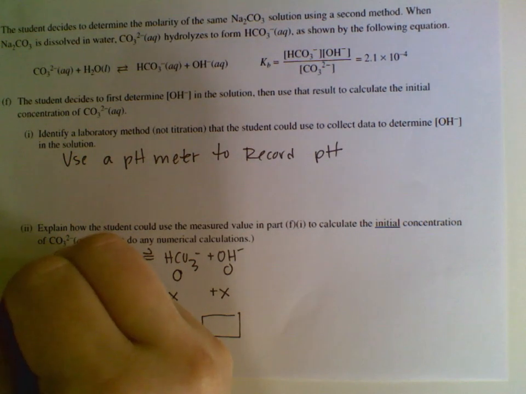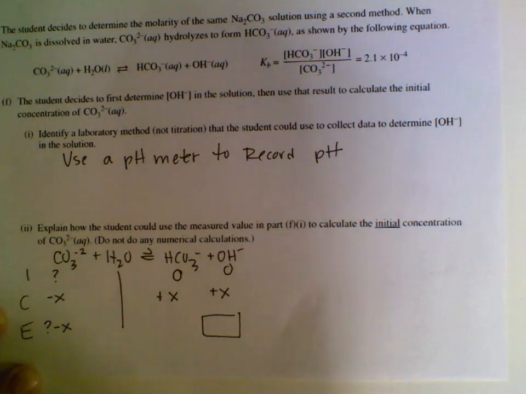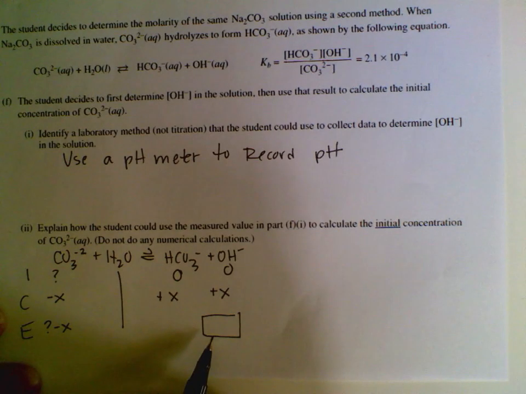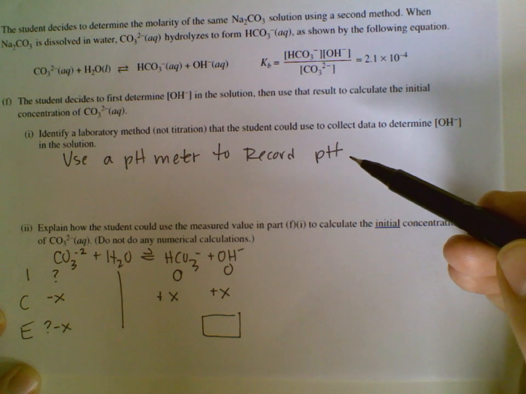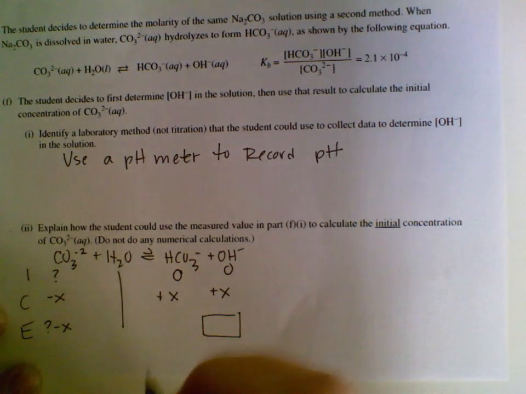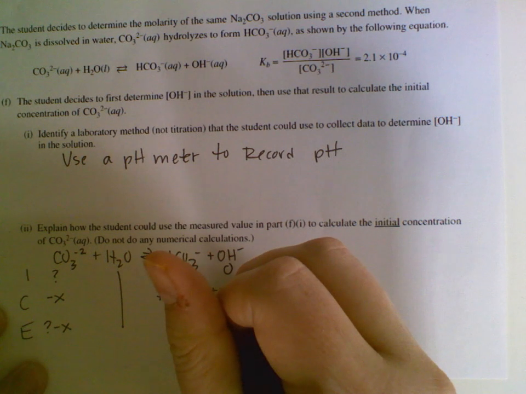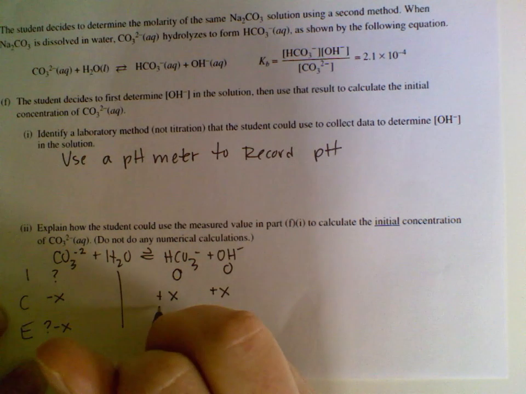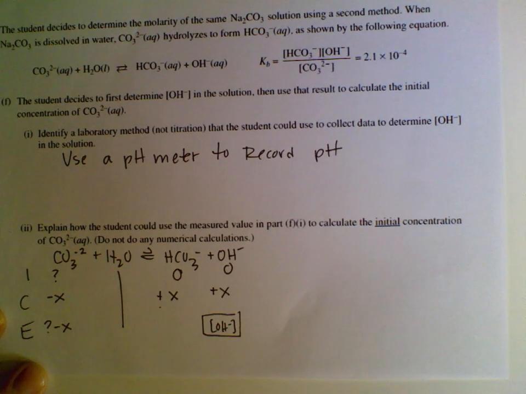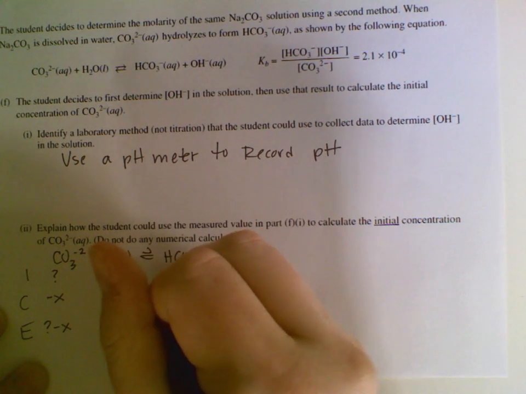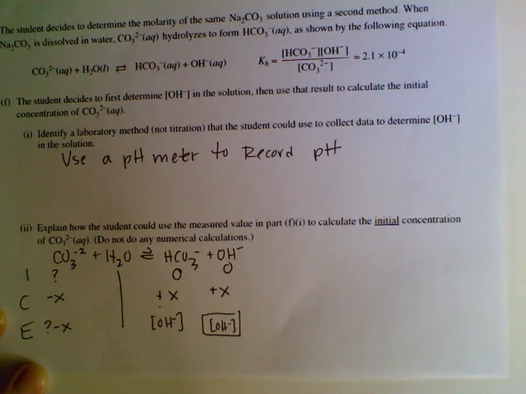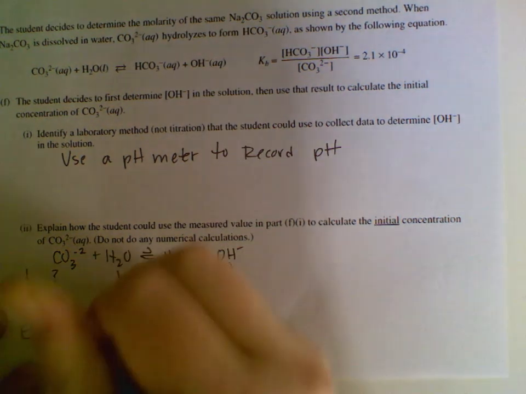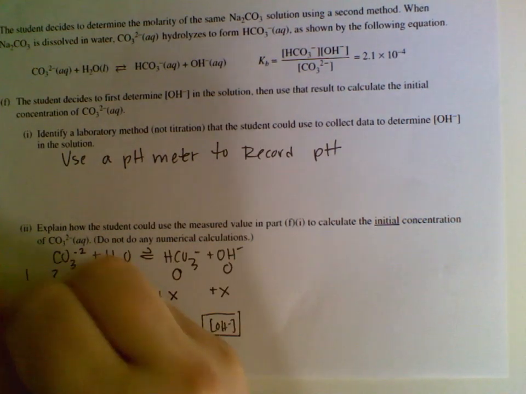The concentration for the carbonate at equilibrium is going to be a question mark minus X. And then this is where understanding how the hydroxide concentration from part 1 is equal to X, you would say, oh, I know my concentration of OH-. And because they are both X for the bicarbonate and the hydroxide, the concentration of OH- is going to be the same as the bicarbonate. Those are both equal to X.